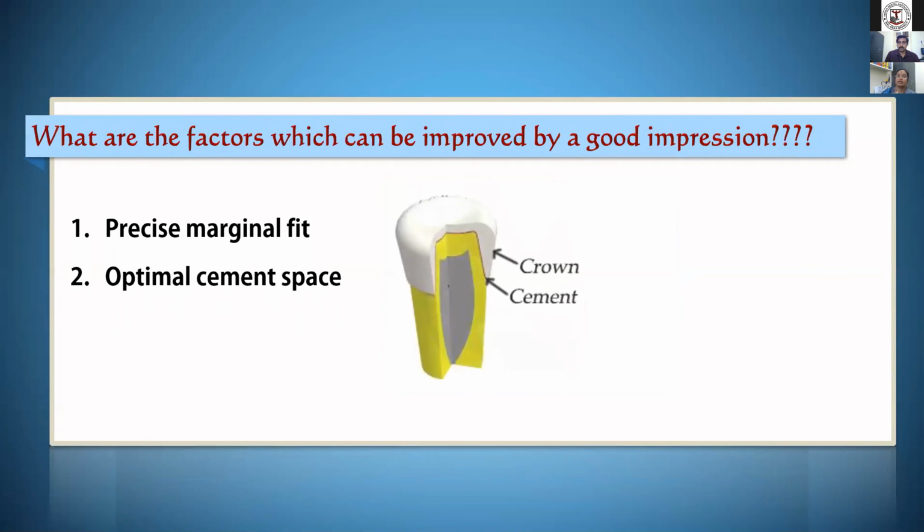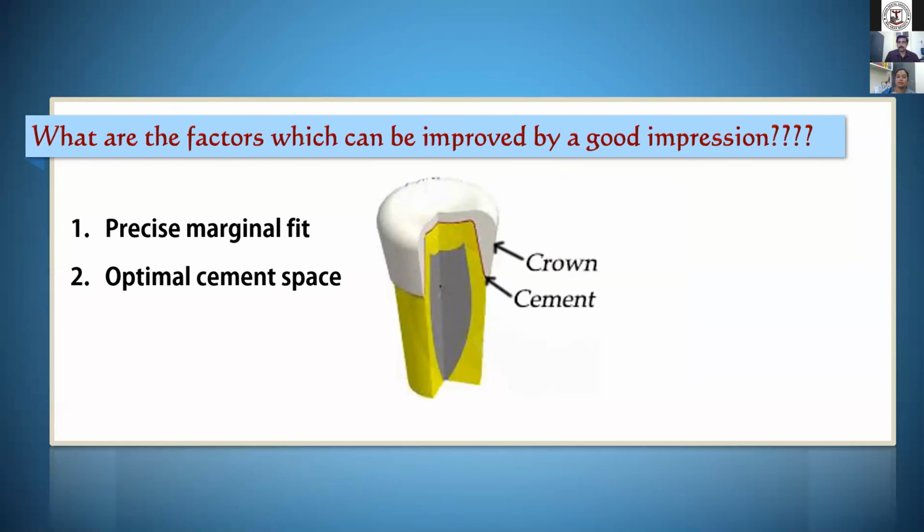The second factor is the optimal cement space, which is approximately 25 microns. 25 microns means 1/4 the thickness of paper. At the specified thickness, the luting cement will be exposed less to the oral fluids and will have more resistance to dissolution, which also contributes to the longer lifespan.